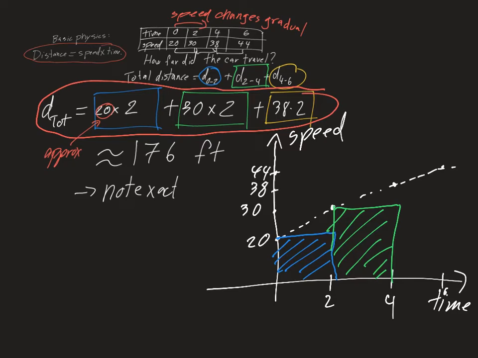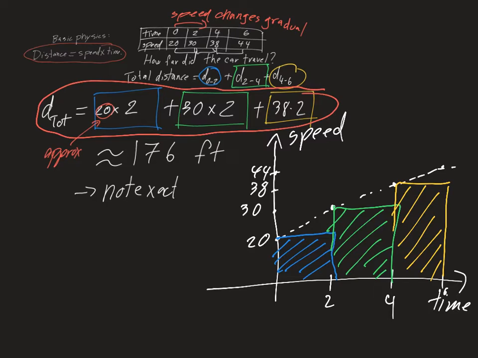And 38 times 2 is precisely going to be the area of this yellow rectangle right here. So why am I pointing this out? The reason for this, this is not a coincidence. This is not just something that happened haphazard.